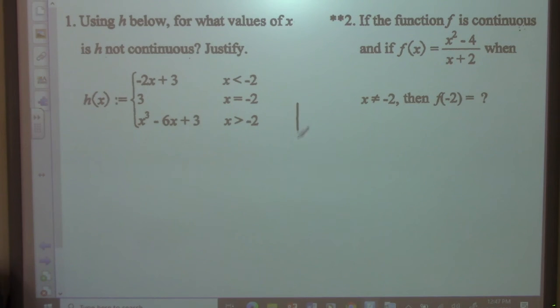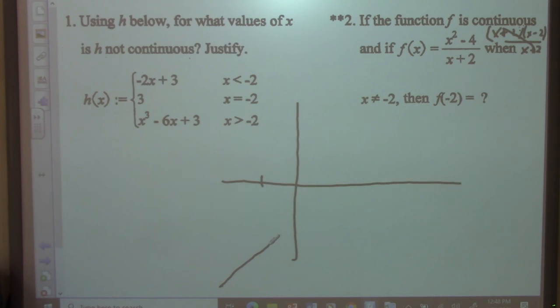Okay, if we factor this out, what are we going to get? x plus 2, x minus 2, right? And it's going to be over x plus 2. So what's going to happen? The thing is going to look like x minus 2, like this.